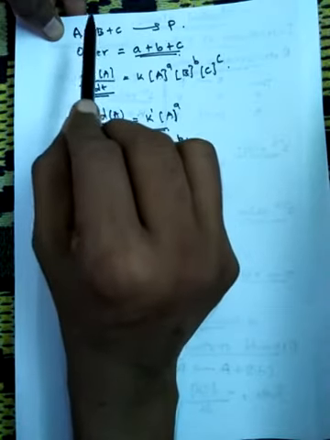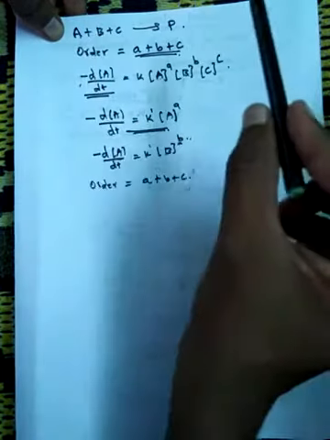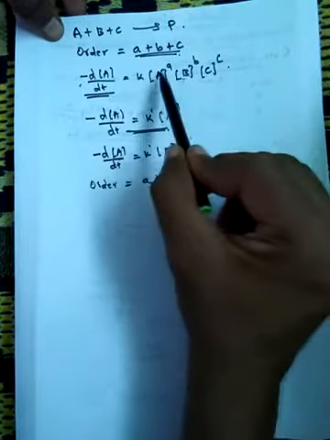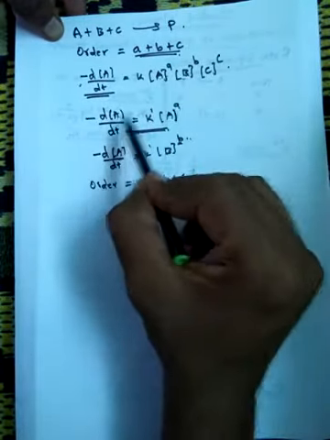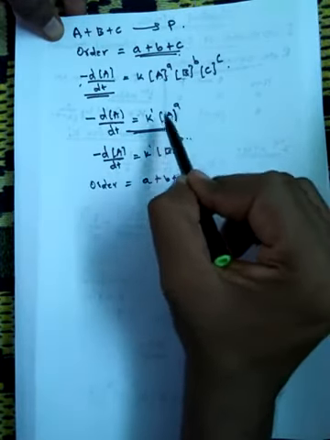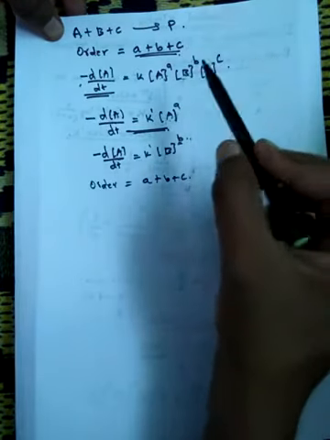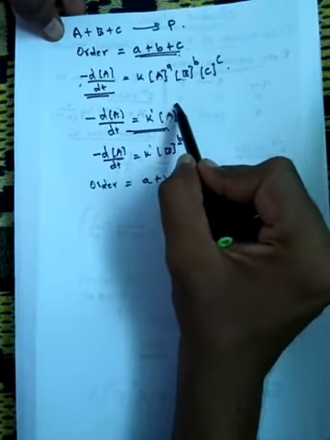Then the rate equation becomes like this: the rate depends only on one reactant, the one taken in smaller amount. So you use any of the methods, like the half-life method or the graphical method, to find out the value of a.